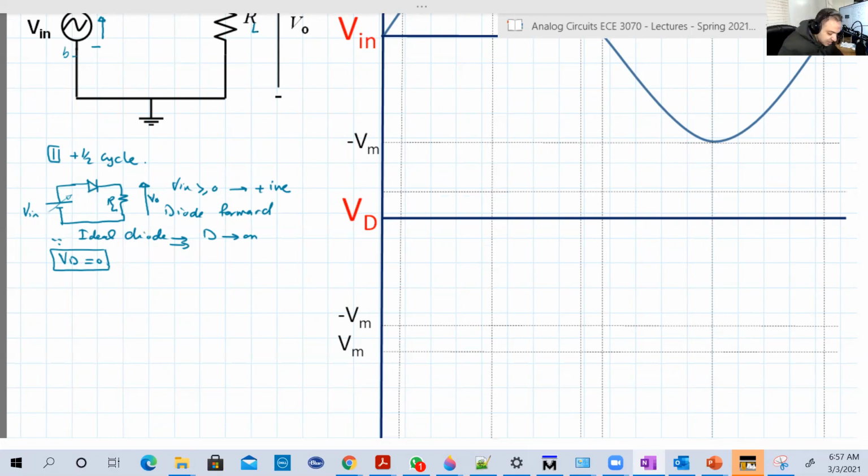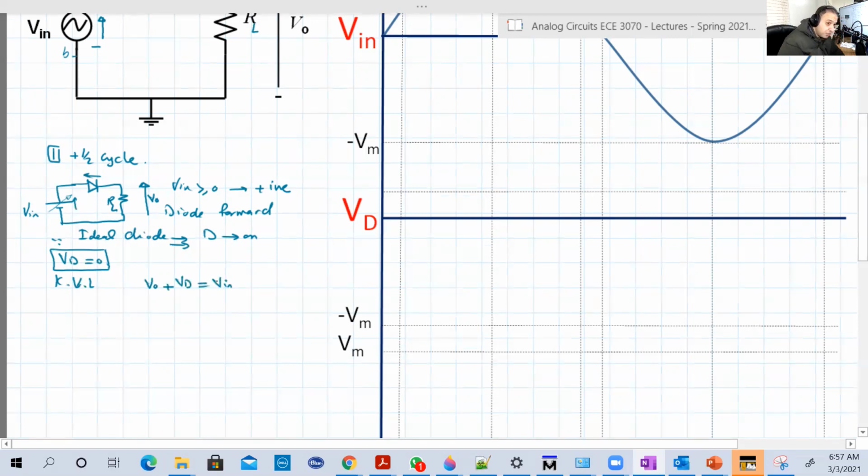How about VR? Let's apply Kirchhoff's voltage law. If we look here, these are the directions of the voltages. So we see that VO plus VD is equal to VIN, the input voltage. VD is 0, as we see, because it's the ideal model. So VO is equal to VIN. That's very simple.